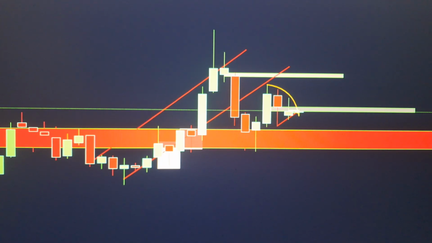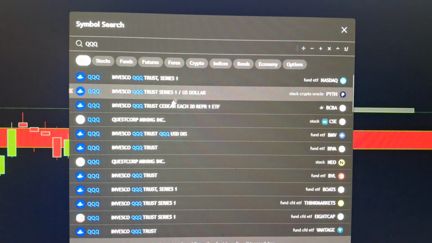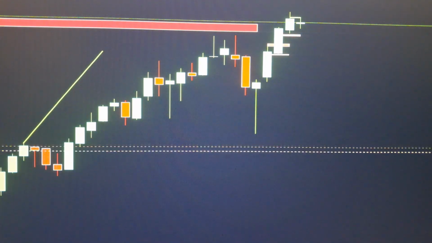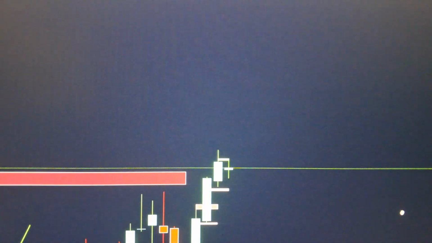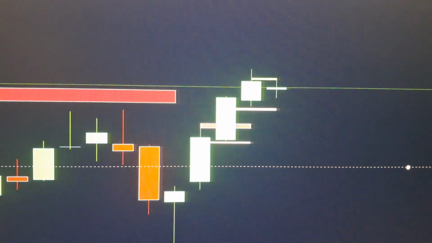So another one we can look at. Let's see here. We can check out QQQ. One thing that really concerns me with the QQQ right here is this candle.